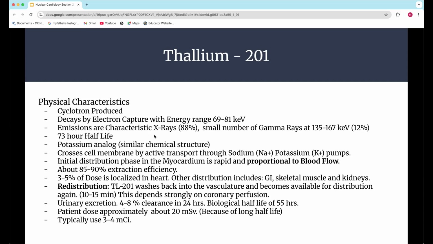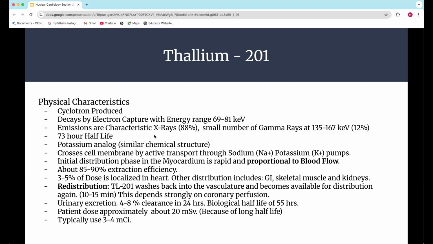The only thing we get counts off of is however much of our radioactive tracer goes in, how much thallium or technetium or whatever we're using. The nuclide is what gives it off, and that tells us how much. So the idea that it's proportional to the amount of blood flow becomes really important. That's the way we can actually measure these things and look at them.